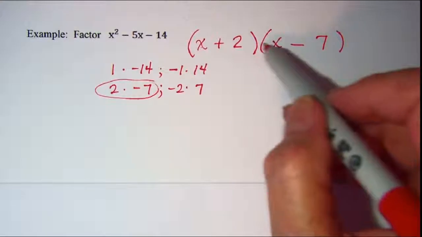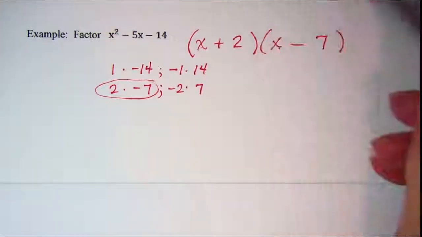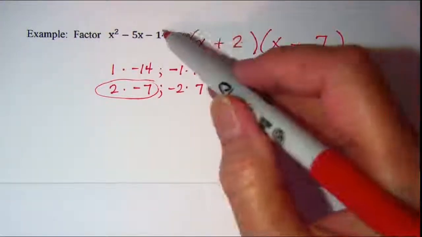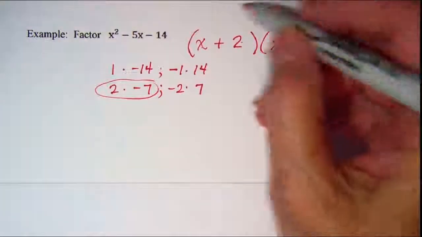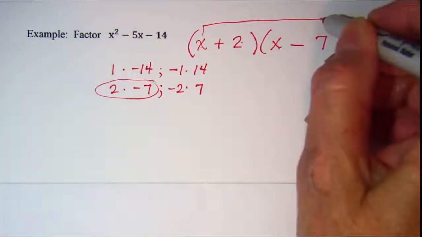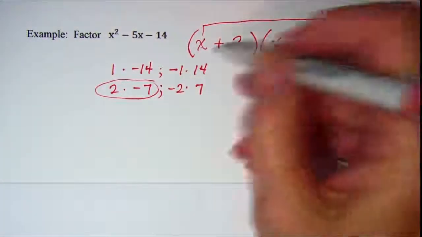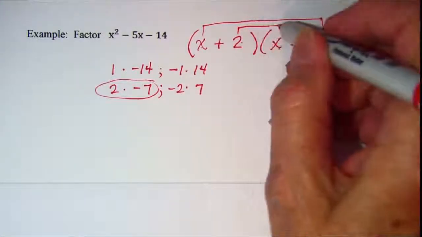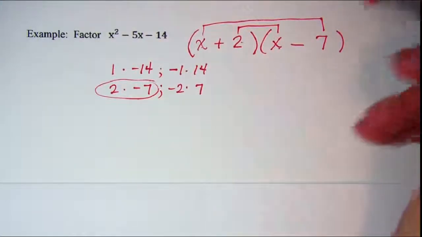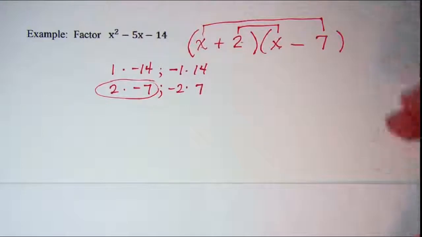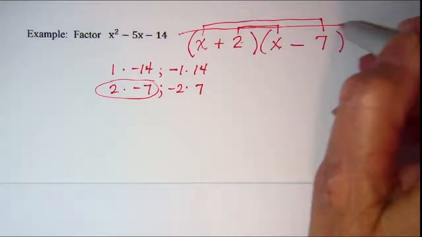My first one's x times x is x squared, and then 2 times negative 7 is negative 14. Let's check my outer. Outer product is negative 7x, and my inner product is a positive 2x. When I add those, I do get negative 5. So this is my factored form.